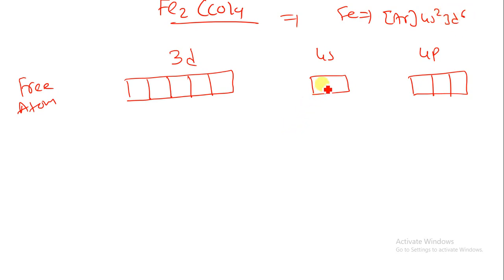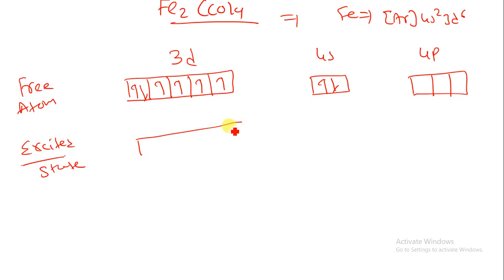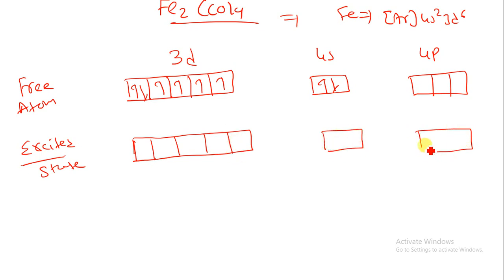I put down 4s2 and 3d6, 1, 2, 3, 4, 5 and 6 electrons like this. If it is in the excited state, I cut down here and write the 3d, 1, 2, 3, 4 and 5, then 4s, and 4p, 1, 2 and 3.